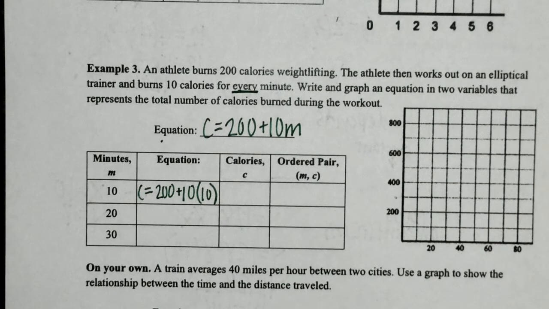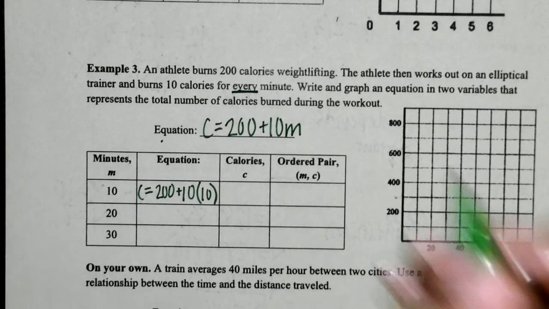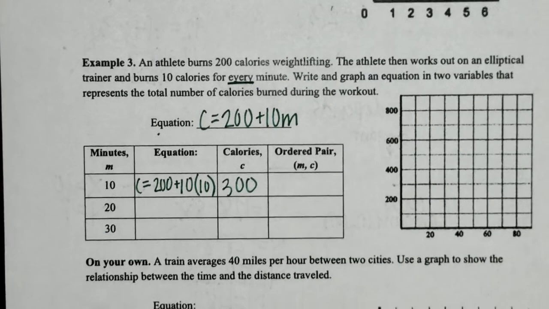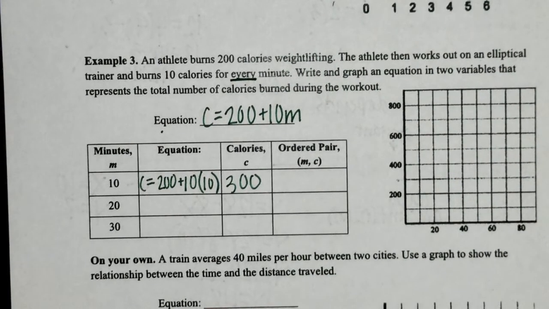What's 10 times 10? 100. What's 200 plus 100? 300. So my answer for that one is 300 calories. So that means that every 10 minutes I burn 100 calories, plus I already burned the 200, so I burned 300 total calories that day if I worked out for 10 minutes on that second one.